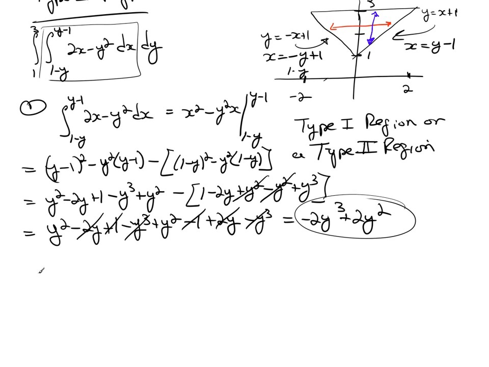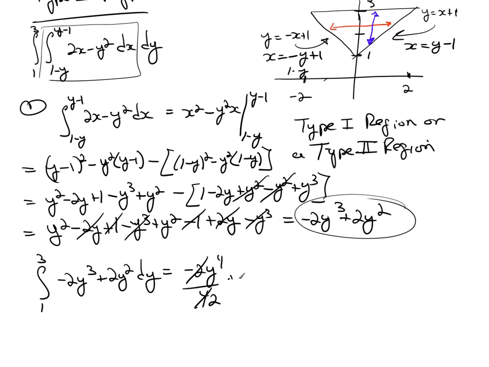So now I'm going to look at the integral from 1 to 3 of negative 2y cubed plus 2y squared dy, which is negative 2y to the 4th over 4, so give me a 2 down there, plus 2y cubed over 3, evaluated from 1 to 3.